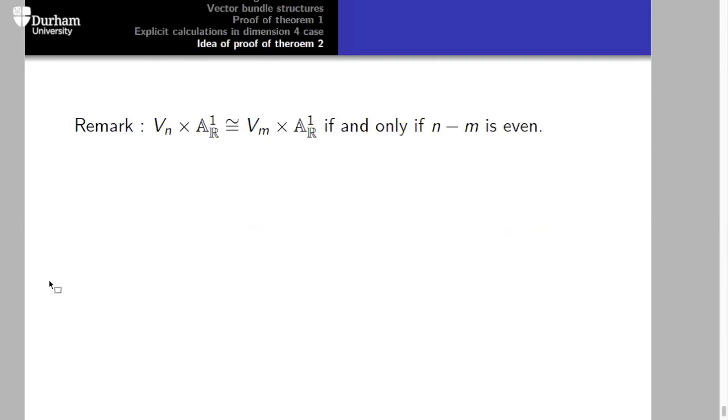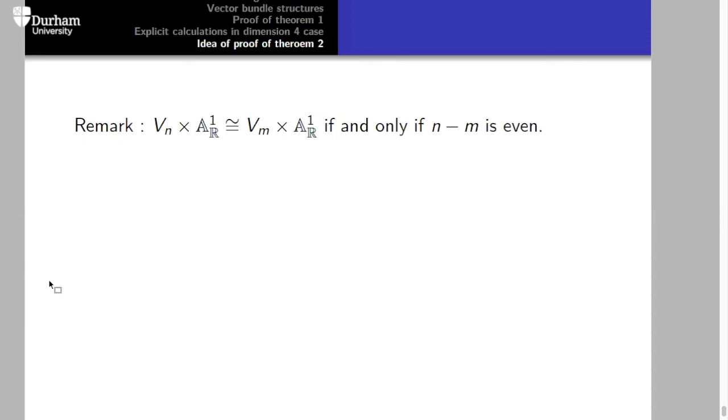Okay, now I'll look at the idea of the proof of theorem 2. I want to take this example and extend it to higher dimensions. If I want to make it higher dimensions, there are basically two things I can do. I can up the rank, or I can extend the base.